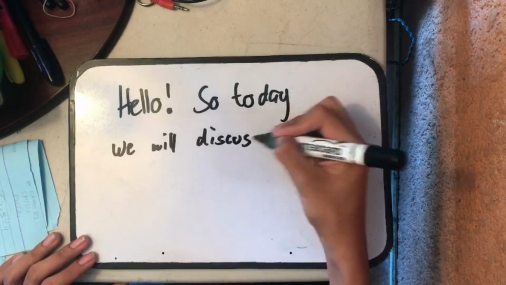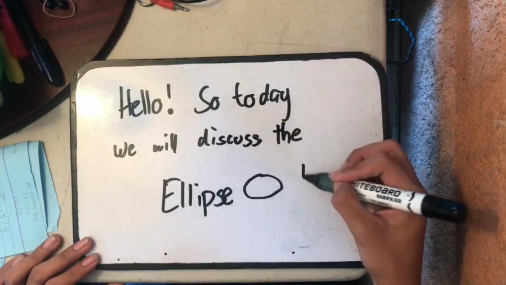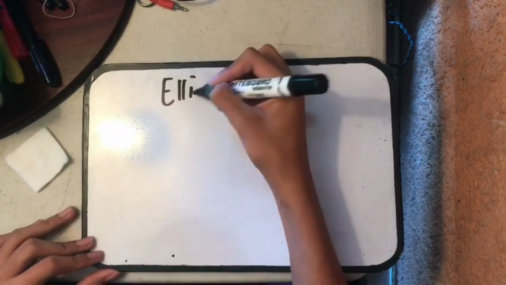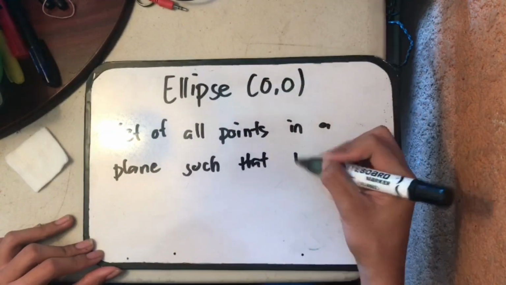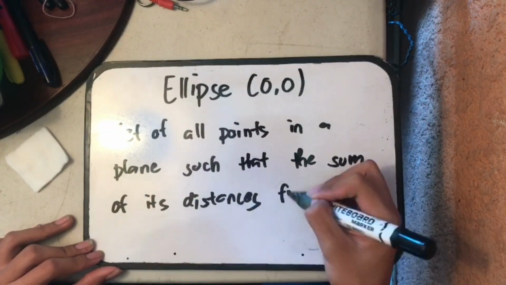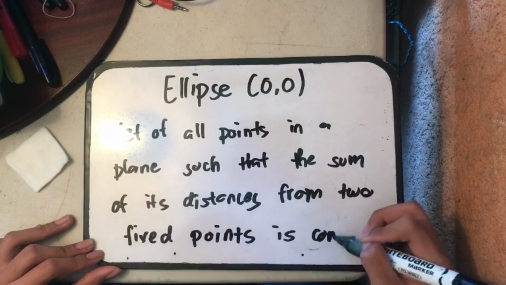So today, we will discuss the ellipse. An ellipse is a set of all points in a plane such that the sum of its distances from two fixed points is constant.